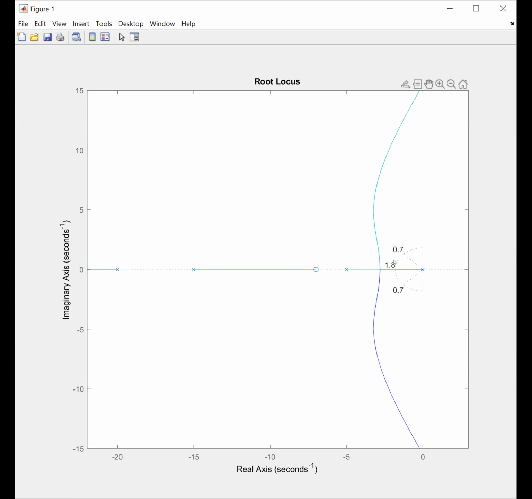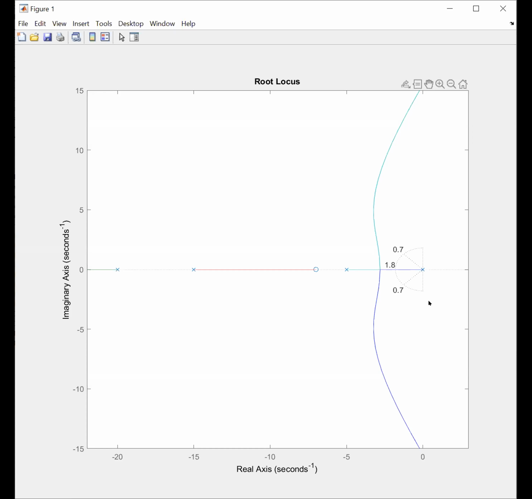So this is omega n equal to 1.8. These two dotted lines indicate the lines corresponding to damping of 0.7. Now I want to select the value of the gain so that my poles are within these lines of damping and outside this circle.